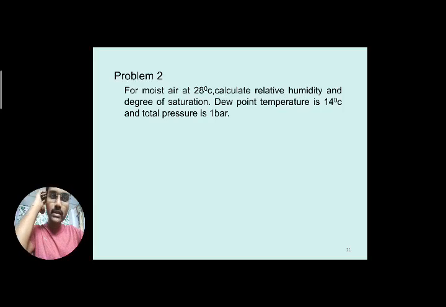The moist air is at a temperature of 28 degrees centigrade, and they are asking to calculate the relative humidity RH value. RH is expressed in percentage, denoted by phi, and also the degree of saturation, that is the mu value. We have seen that formula. The given cases are dew point temperature of 14 degrees centigrade and total pressure of 1 bar.